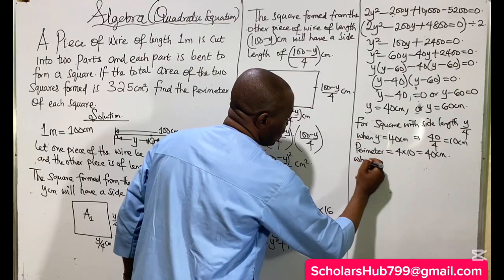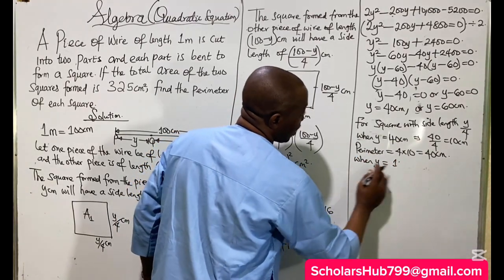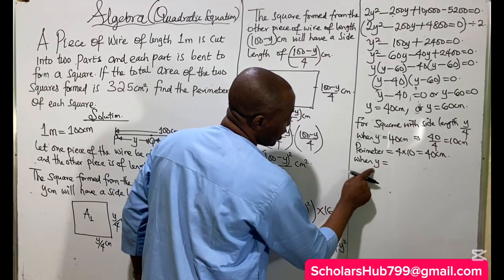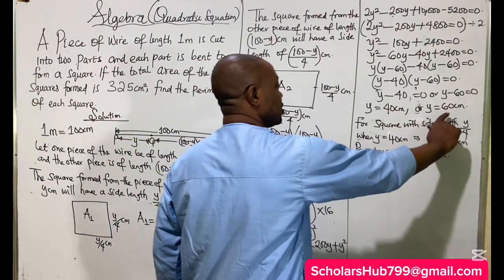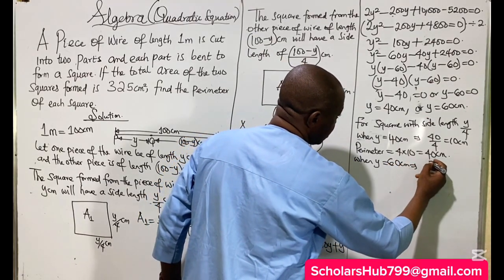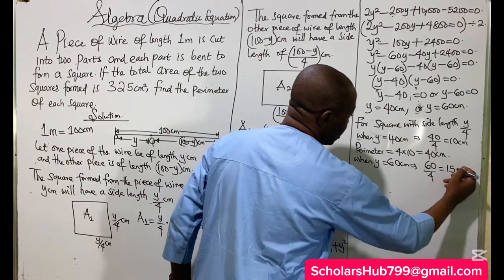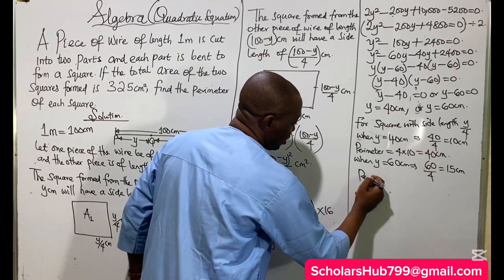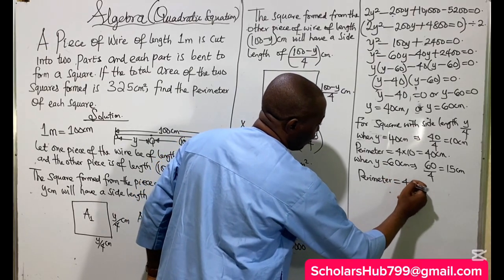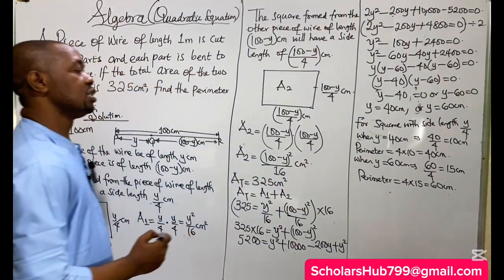Now when y equals 60 centimeters, it's going to be 60 divided by 4, which is 15 centimeters. Now the perimeter will be 4 multiplied by 15, which is 60 centimeters.